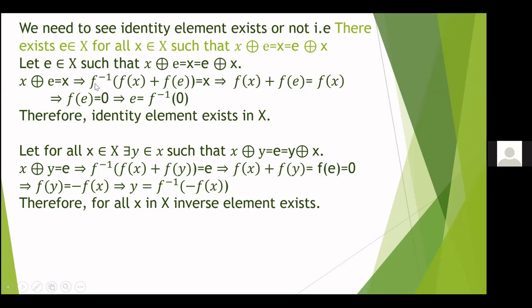Again, I apply F on both sides and I get F of x plus F of e equals F of x. Now from here, I get F of e equals 0. It implies that e equals F inverse of 0. So this is my identity element in X.